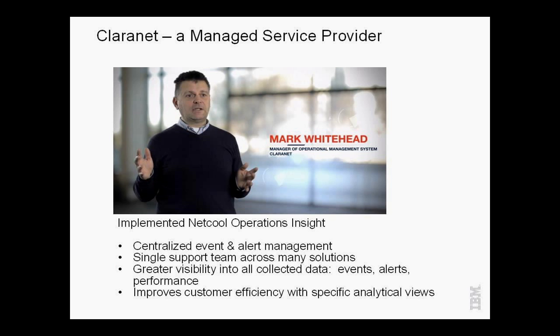But the biggest benefit they had was the analytics providing them a collected visibility of all their data, but also the analytical views in terms of where the events are coming from, where their operators are spending most of their time, and where they can reduce the event load and get their operations teams to a much more efficient pace, leveraging the analytics and the visualizations available to them in NetCool Operations Insight.